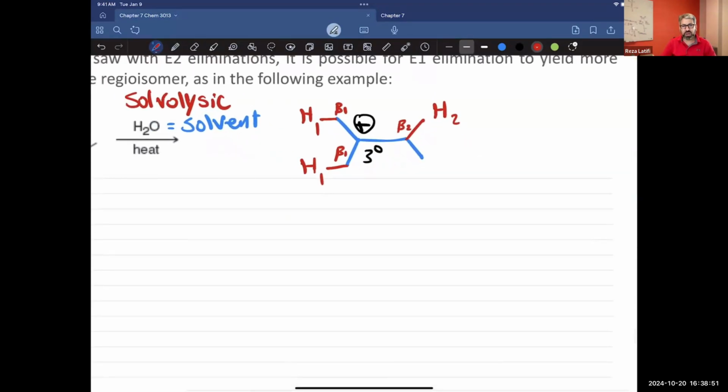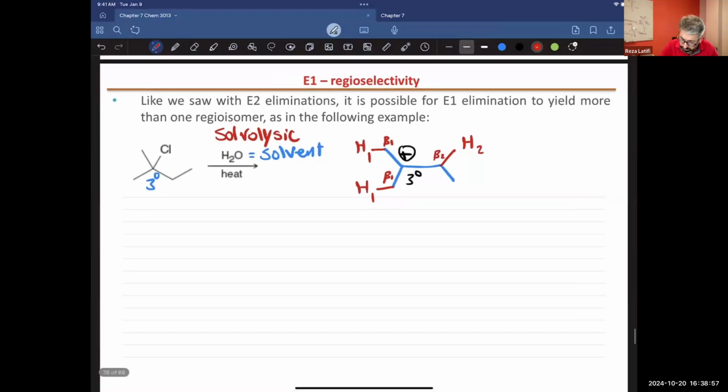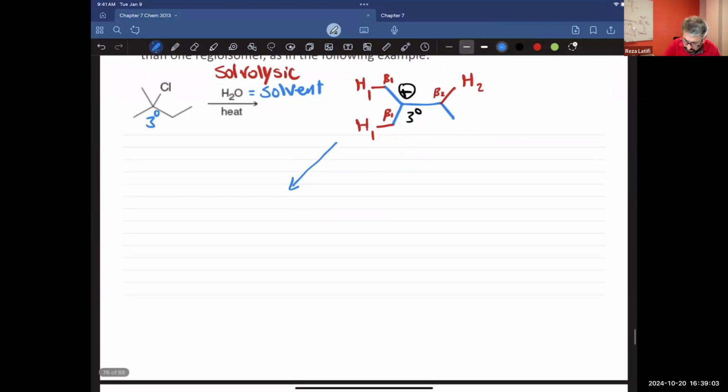Okay. Now, if I remove hydrogen from beta 1, one of the products that I will get will be this. I will have a double bond here, and here I have a methyl. That's if we go through beta 1.